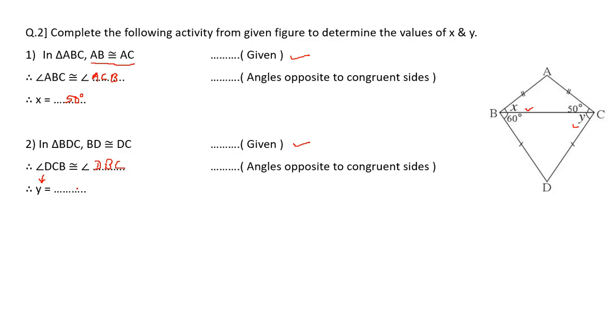So angle DBC is how many? Actually 60 degree. So we write here 60 degree in this way. So x is 50 degree and y is 60 degree. In this way we easily complete this activity.